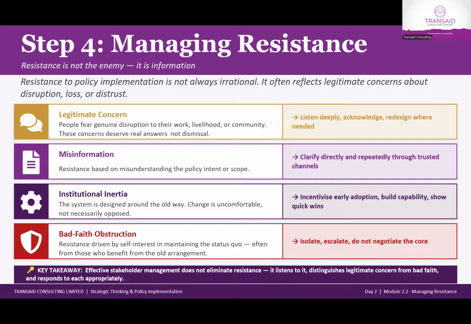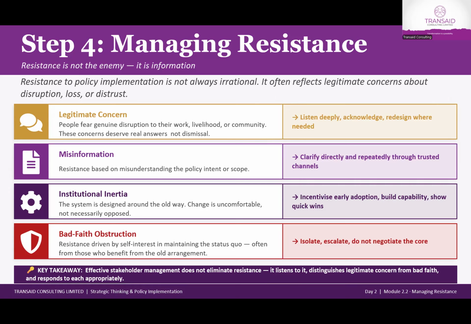Bad faith obstruction is resistance driven by self-interest in maintaining the status quo, often from those who benefit from the old arrangement. You will have things like this. When you need to isolate, you isolate those people. When you need to escalate, you escalate to the person higher than you. When you need to negotiate, you negotiate, but you cannot negotiate the core of the policy.